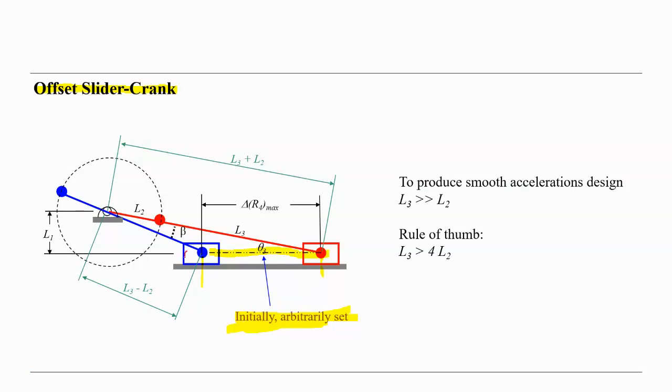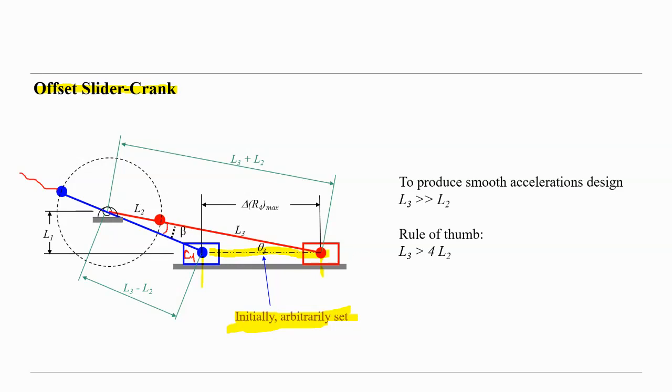Let's assume that C1 is here, and draw any line like this, so any line goes through. And then we know the beta, and using the beta angle we can draw another line.